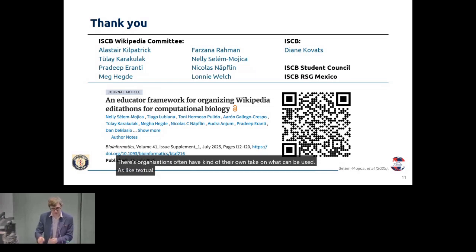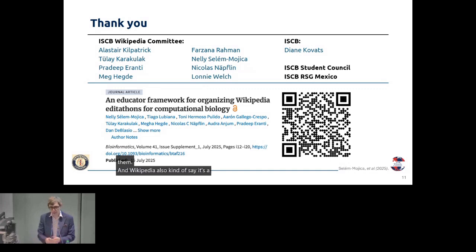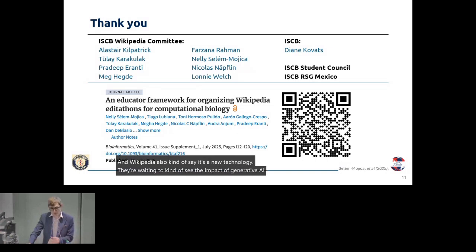So the ISCB says to not use that when you're writing for them. And Wikipedia also say it's a new technology. They're waiting to see the impact of generative AI on text before they make a further decision. But in terms of an initial draft, I think it's a very valuable sort of thing.